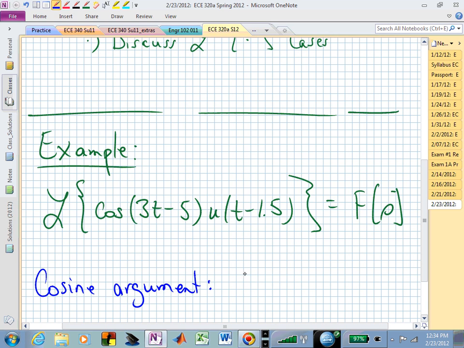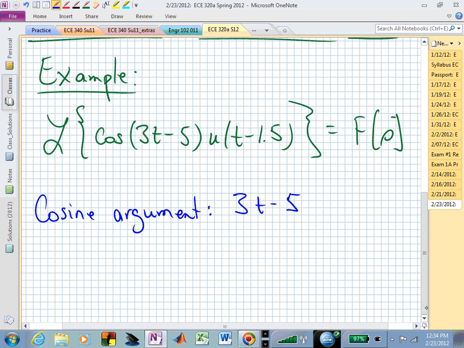The argument of the cosine waveform is 3t − 5. What we want to do is factor out something that, when multiplied by 3, gives us 1.5. If we factor the 3 out, we want to find t − 1.5 inside that argument. 3 times 1.5 gives us 4.5.